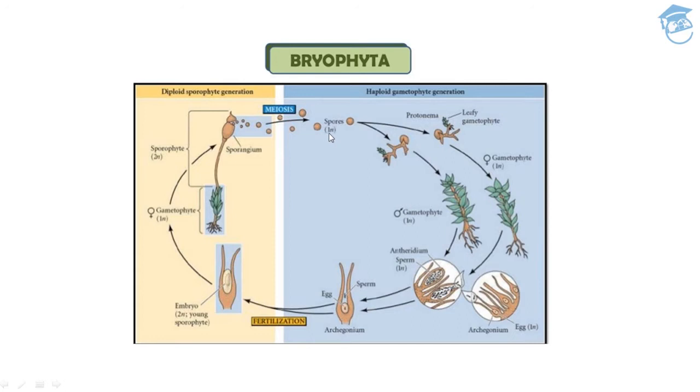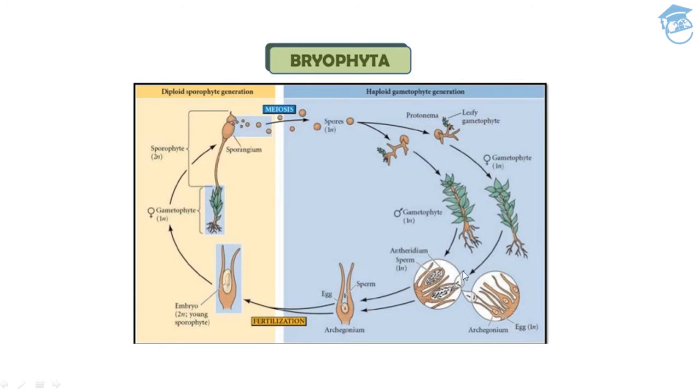Then they give rise to the leafy gametophyte, which in later stages of progression gives rise to archegonium, which has the egg inside it, and spores also produce the male gametophyte, which is haploid in number, which eventually gives rise to antheridium, which has sperm stored within it.